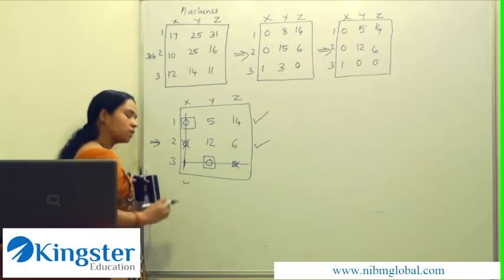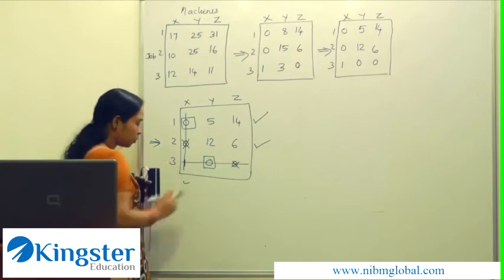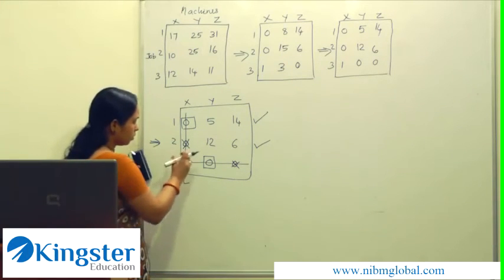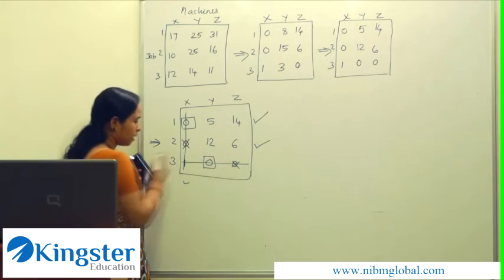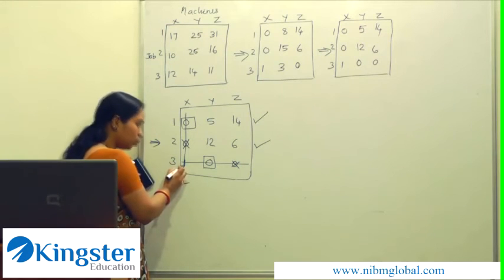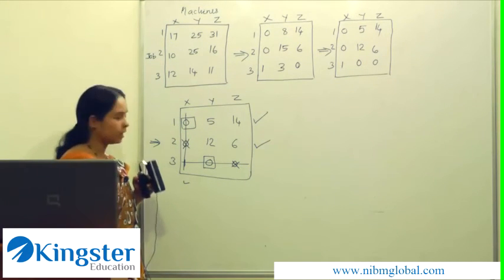Now after this line drawing procedure, we have the matrix in which some of the elements are covered by a single line, some of the elements are covered by two lines, and some other elements are not covered by lines.